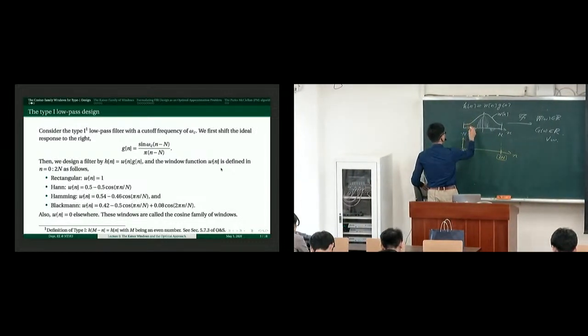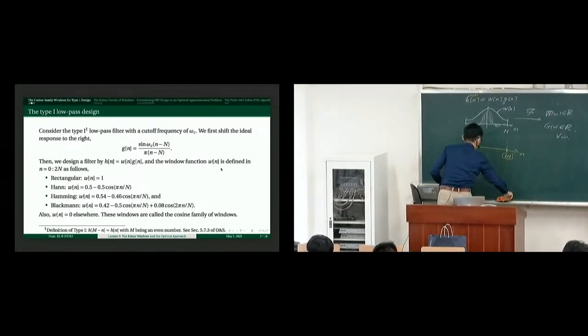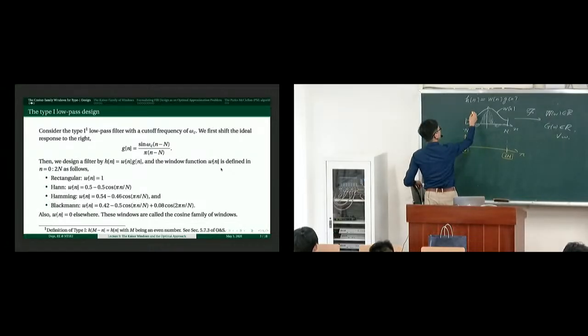So after shifting, we need to give it a different name. Before shifting, let's call the design h before.